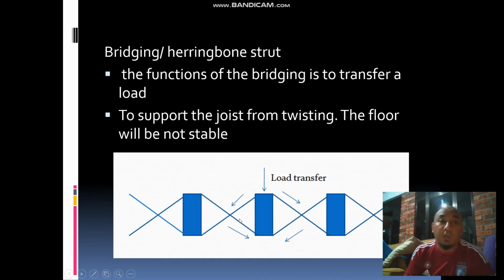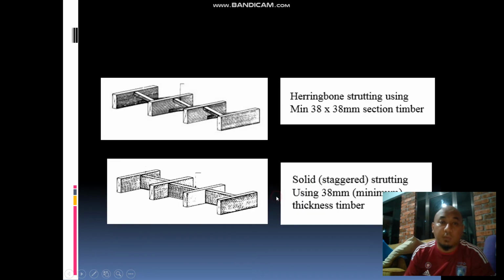See the detail below. Okay, so the herringbone strut, and the function of the bracing is to transfer a load. So when we look at the drawing, the load transfers and goes to the herringbone to support the joist from twisting, otherwise the floor will not be stable. So that is the function of the herringbone strut.